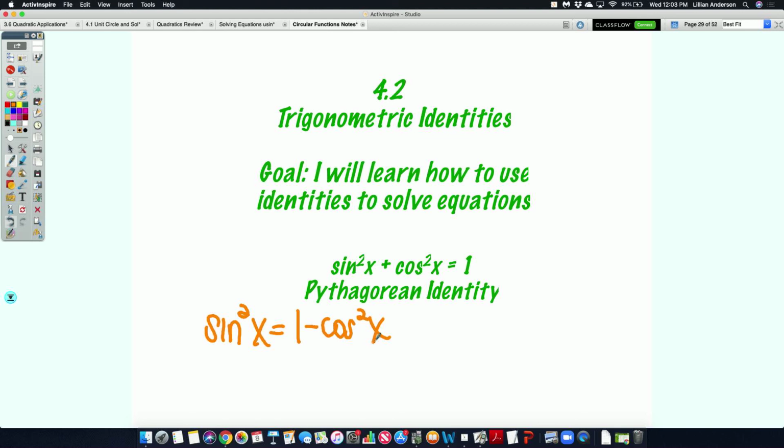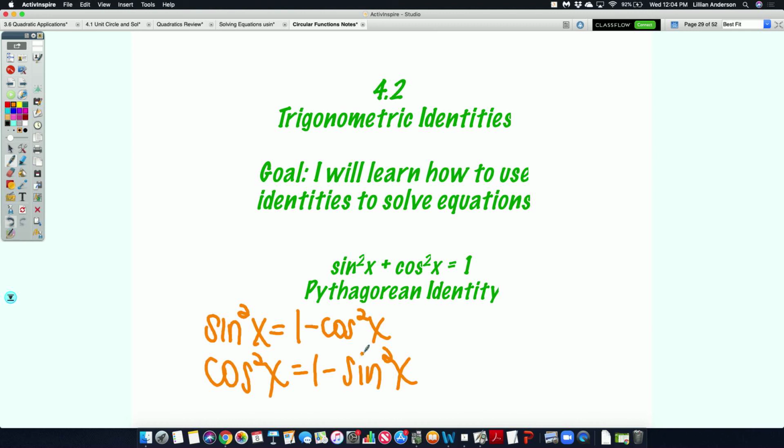Let's say the problem had a sine squared x. I could replace that sine squared x with 1 minus cosine squared x and then use that instead. This can also be solved for cosine squared x, and that would be 1 minus sine squared x. It's still the Pythagorean identity, just now solved for cosine squared x instead of being solved for 1. So any of these are fair game to be used. It still holds true to the original identity.